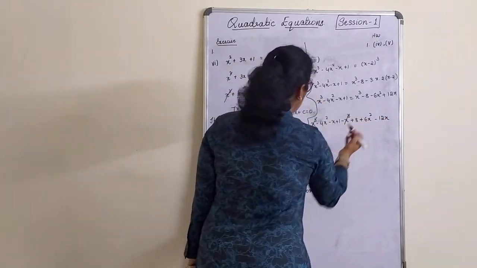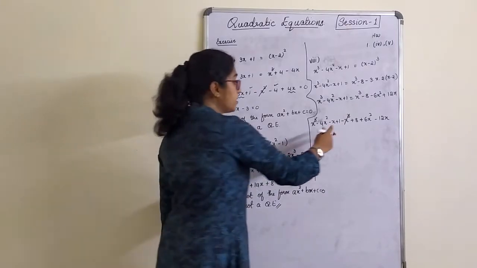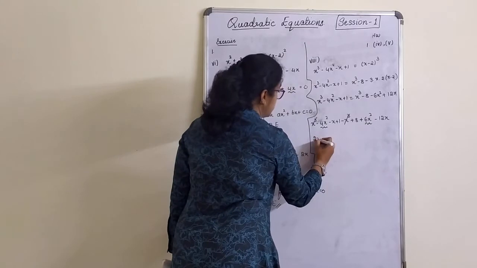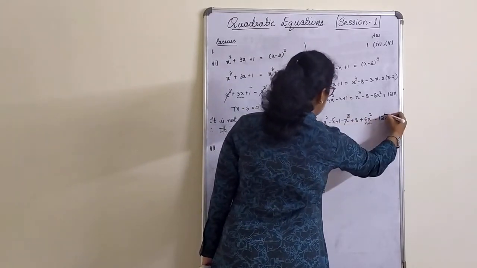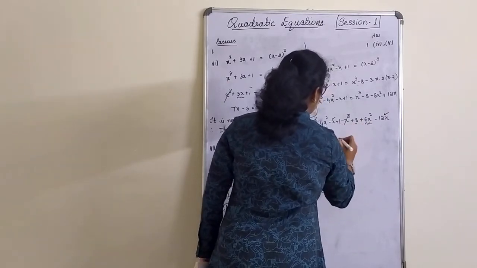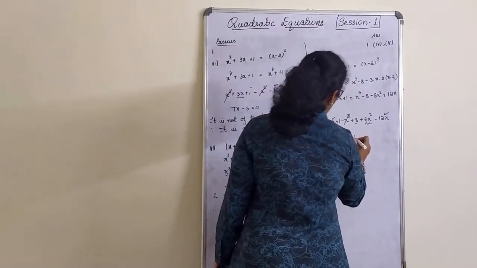X cube and x cube get cancelled. That means we retain the x square term. Minus 4x square plus 6x square is 2x square. Then do we have an x term? Minus x minus 12x is minus 13x, and 8 plus 1 is 9, is equal to 0.